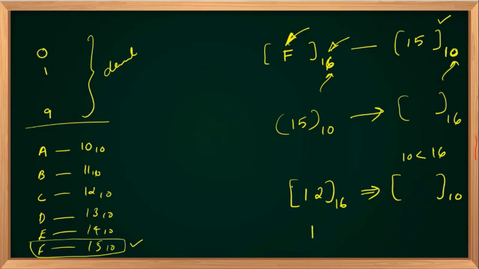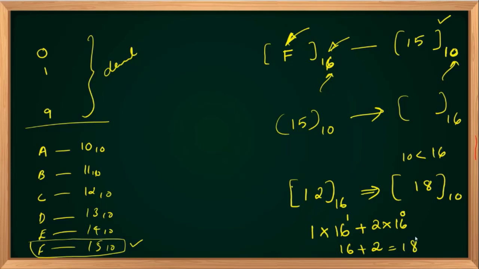The first digit is 1 multiplied by base 16 power n minus 1, that is 2 minus 1 is 1, plus the second digit multiplied by base power n minus 2, that is 0. So I'll have 16 plus 2, that's equal to 18 decimal.